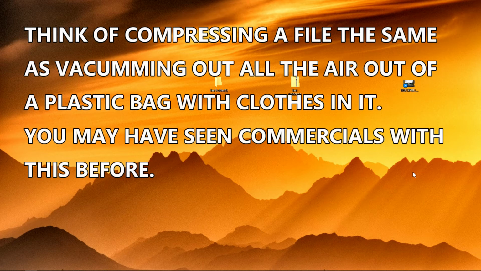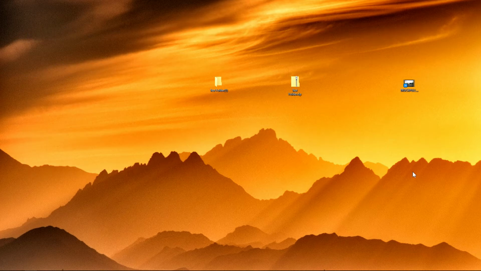So right now, what has happened is the computer has compressed that file in that folder. So now it has compressed, sucked all the air out of that bag. It has shrunk the file. Now we can view the size of the test folder that's been zipped.